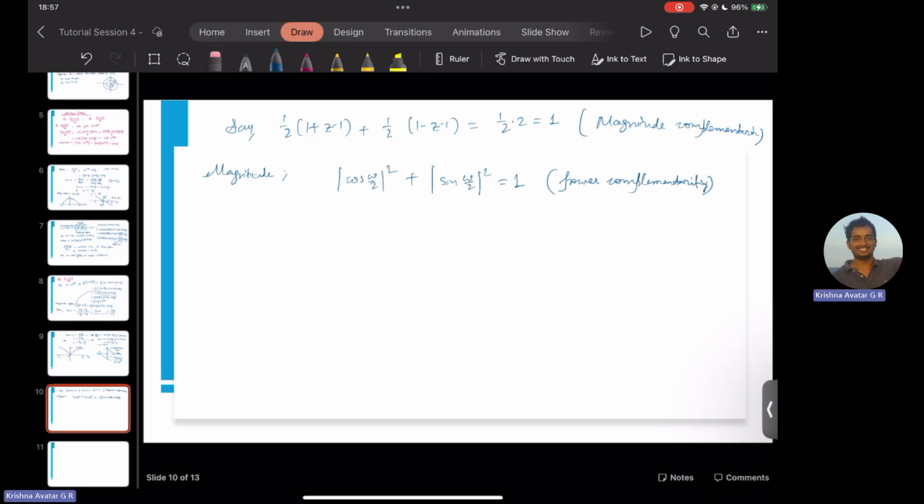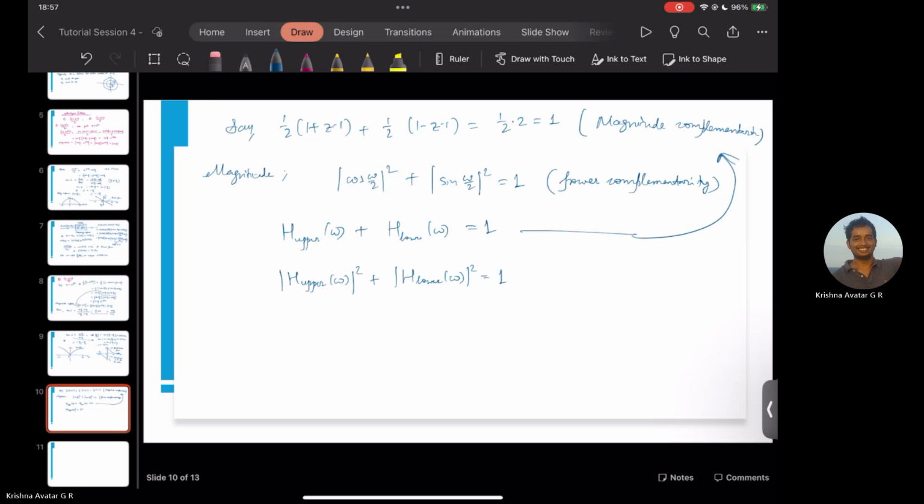In a generic way, say you have H upper omega, the upper branch of any frequency response, and H lower omega, the lower branch; they add up to 1. This is the magnitude complementarity that we were talking about. The other is H upper omega whole squared plus H lower omega whole squared, which we call the power complementarity.